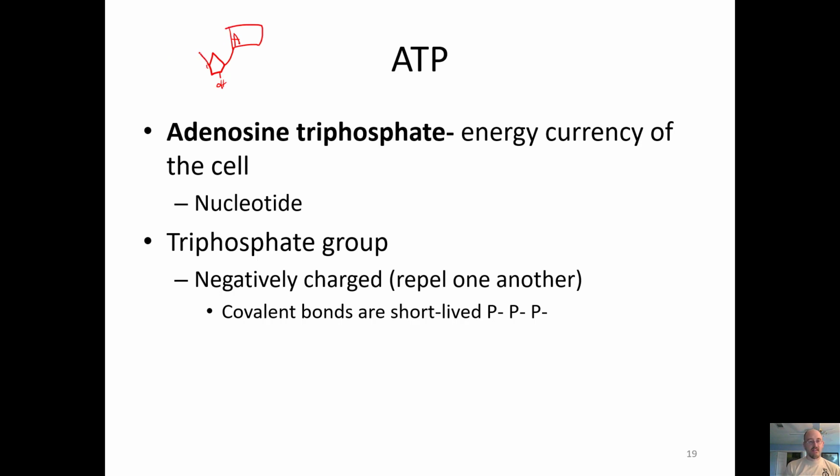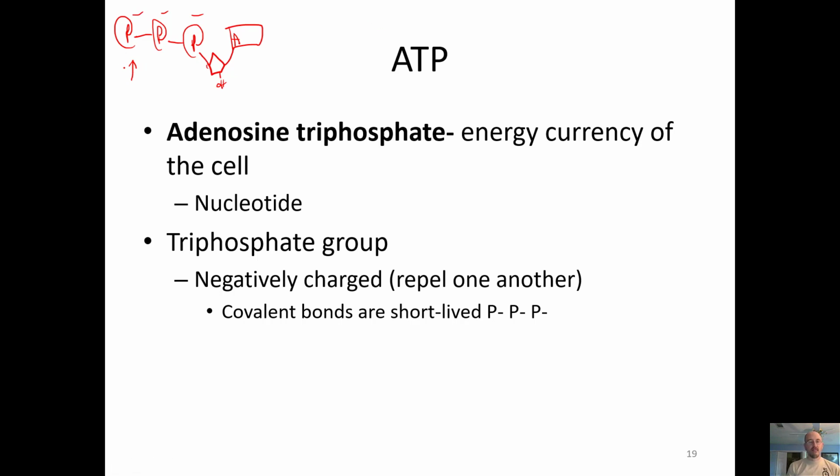And then it has here a phosphate group, another phosphate group, and another phosphate group, all of them having negative charges, okay? So it's a nucleotide, it has a triphosphate group, and they're negatively charged, meaning they're pushing against each other, just like negative sides of a magnet. And so these covalent bonds are in tension with that push, and eventually at least this one will break off.